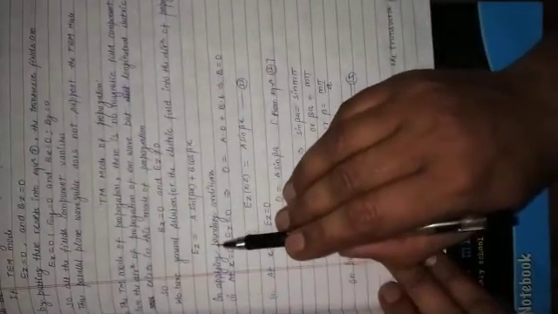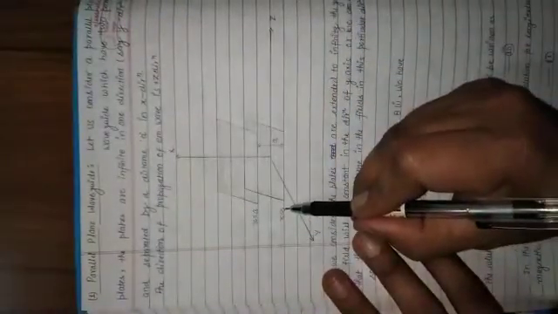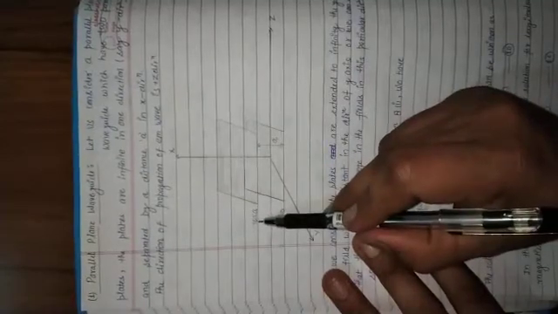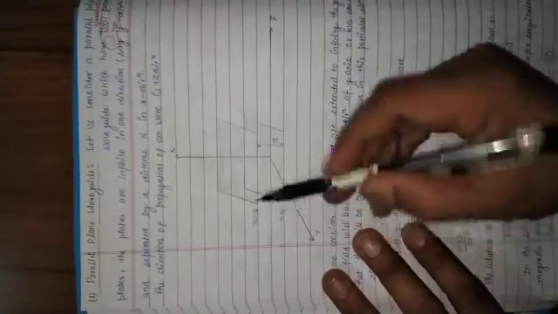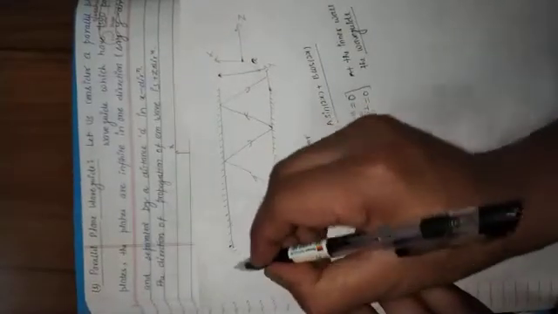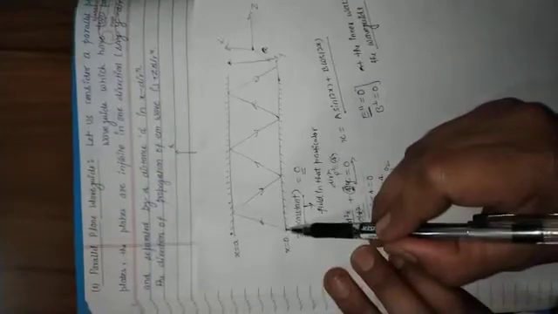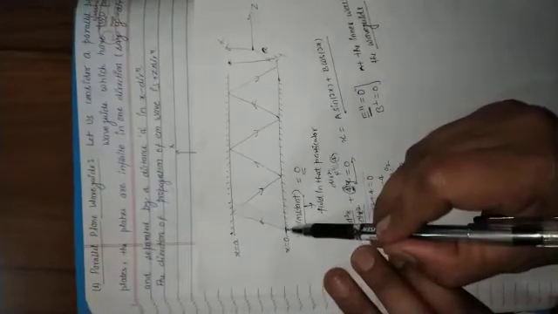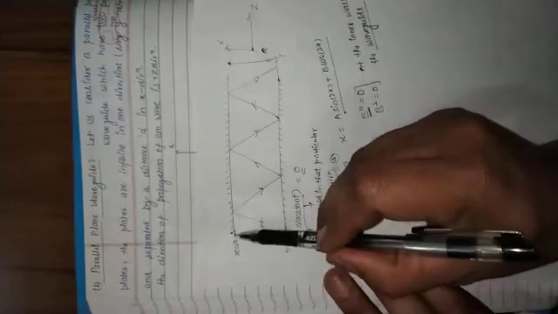So on applying boundary conditions, you can see this figure. The boundaries are at x equal to 0 and the second boundary at x equal to a. These are the inner walls. So x equal to 0 is this and x equal to a is this.